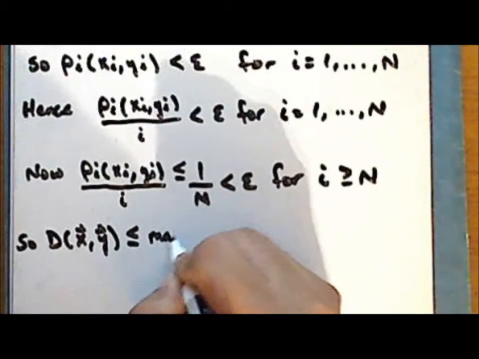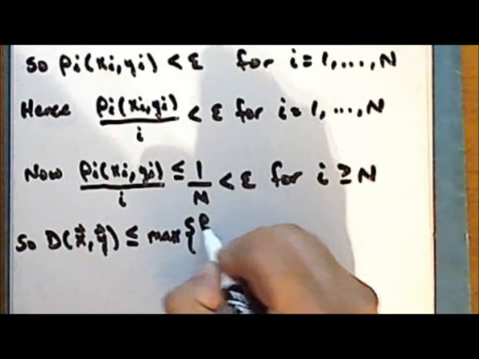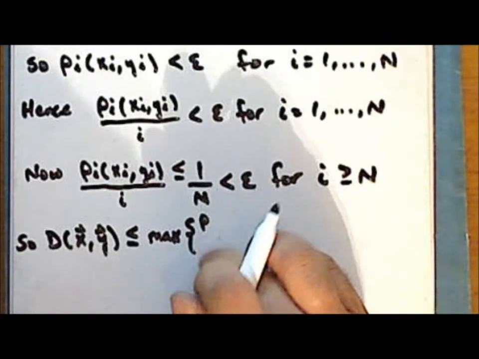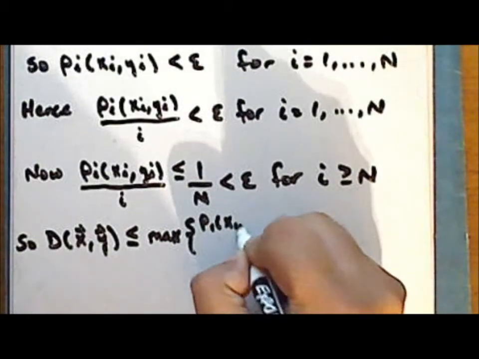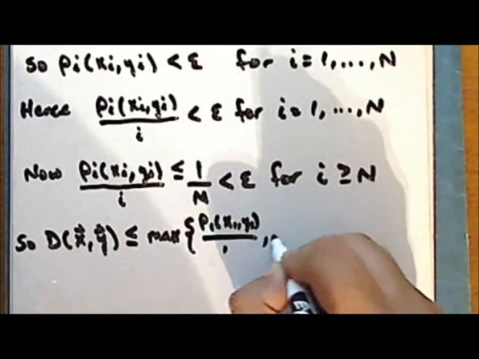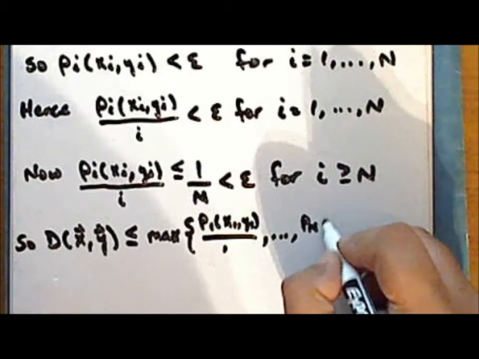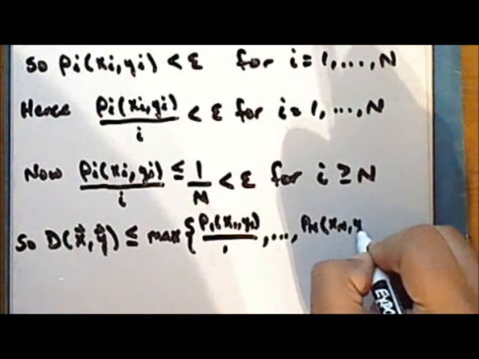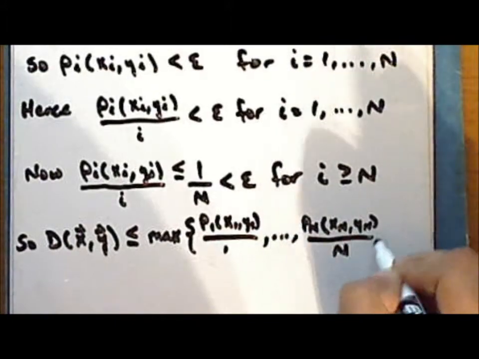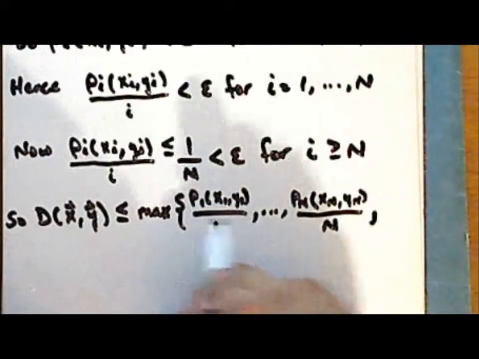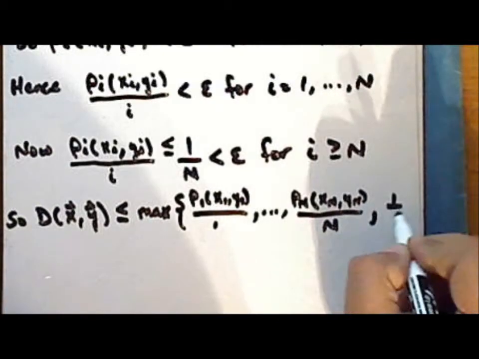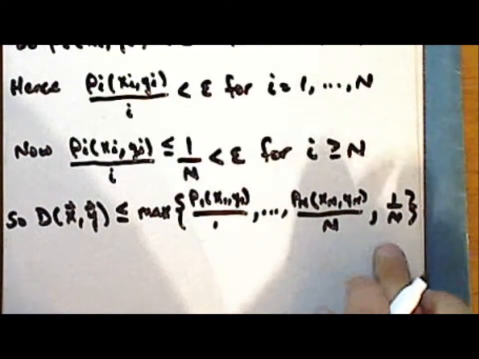or equal to the upper bound, which can be the maximum of any of these values. And so the max of values from rho sub 1, from the point x sub 1 to y sub 1 over 1, up to rho sub n, from the point x sub n to y sub n, divided by n, or for values of the index I greater than n, always less than or equal to 1 over n, which, again, each of these values is always strictly less than epsilon.